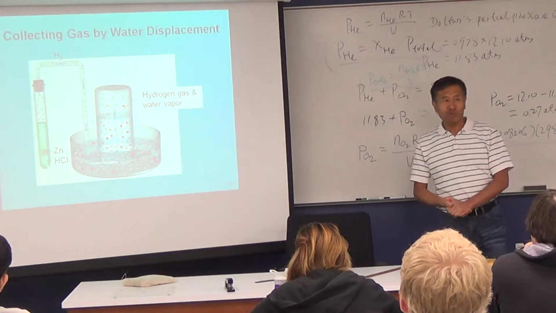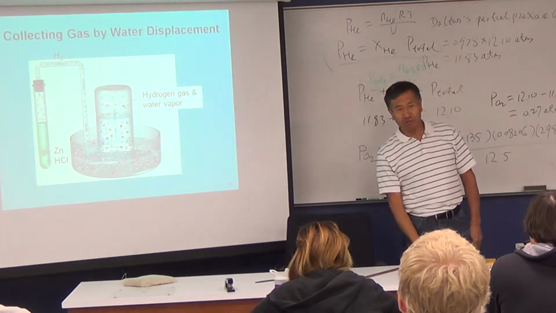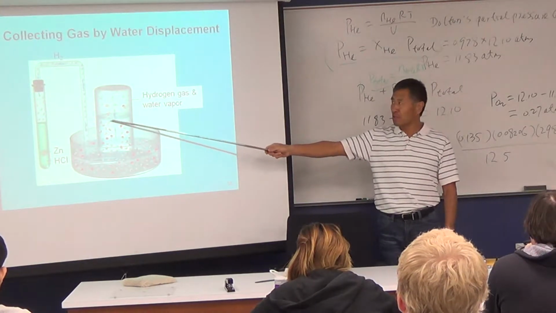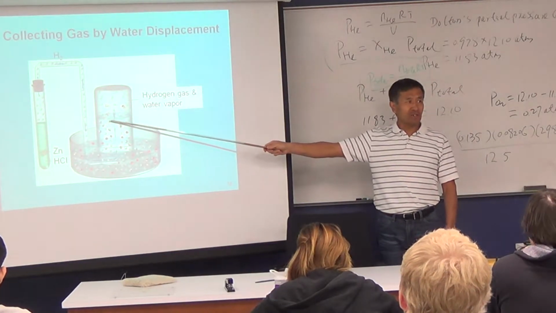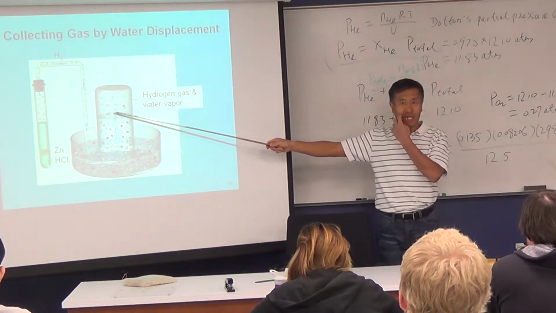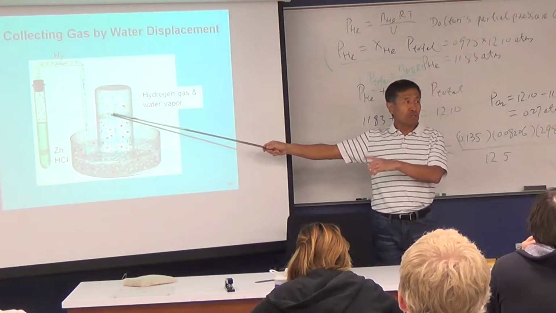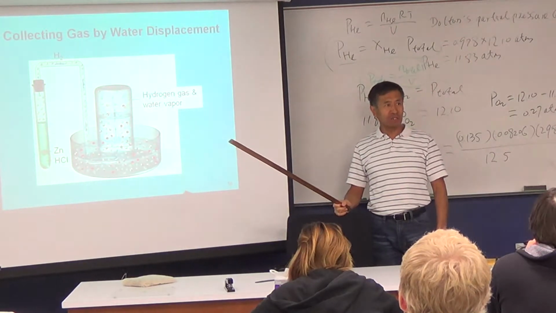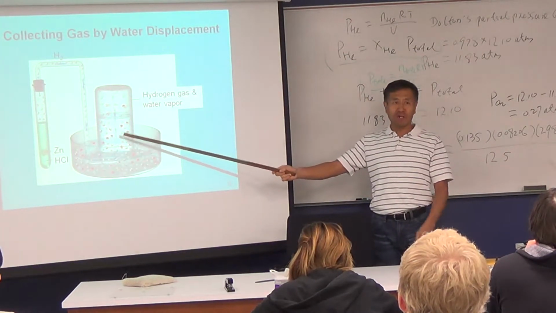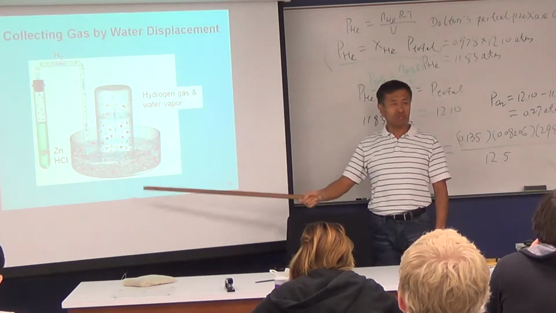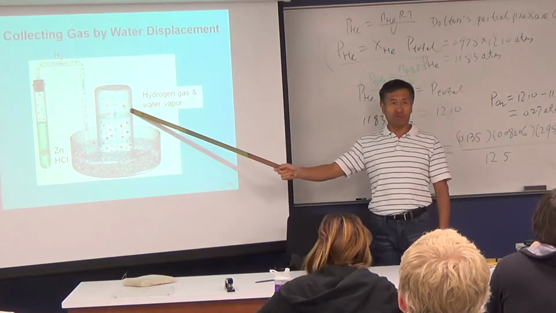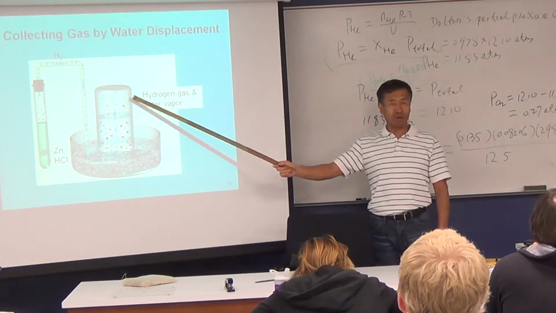You can measure the volume very easily because usually you can use a cylinder that has a scale on it, like a burette. You can measure the temperature by just using a thermometer to see the room temperature, which is pretty much the same as the temperature of the gas.